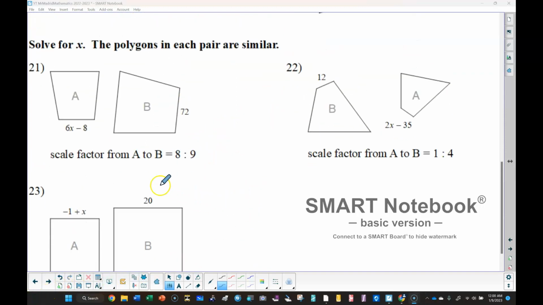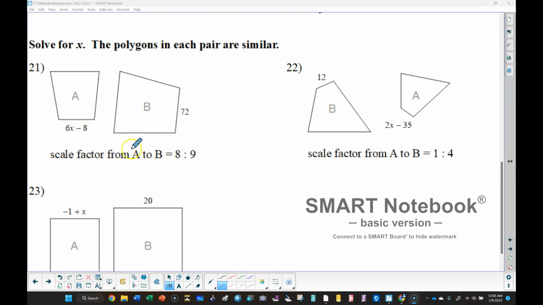Okay, let's go ahead and take this 21 here, okay? Now, again, this is a little more advanced, but you're going to use a lot of what you've already picked up on, which is this, pay attention, okay? They're saying the scale factor from A to B equals 8 to 9, okay? So this is the ratio in terms of the size difference, the relationship, okay? So look how simple this is, okay?